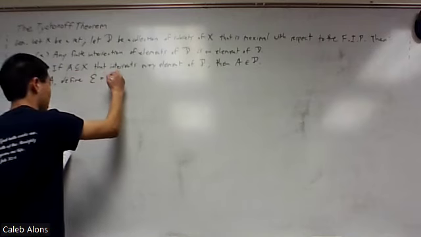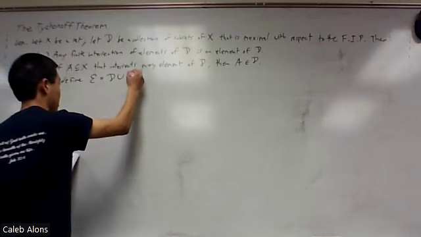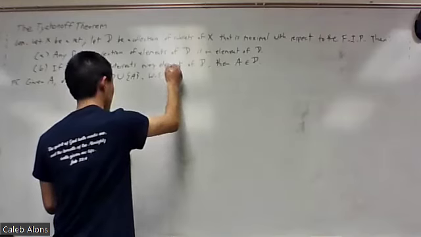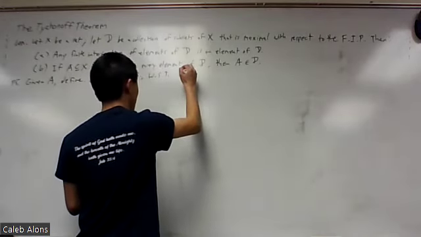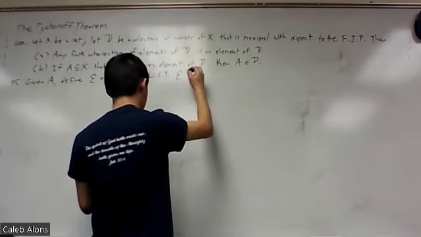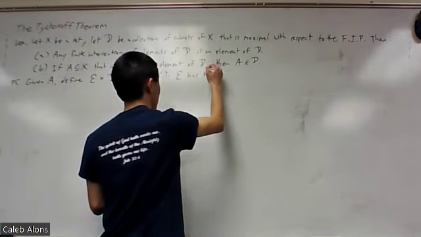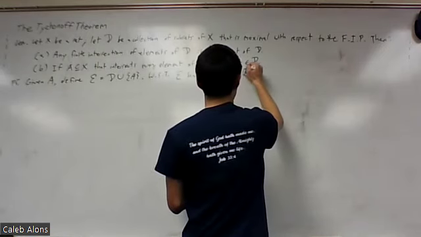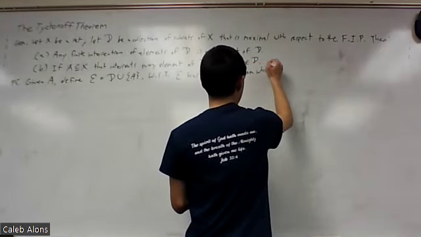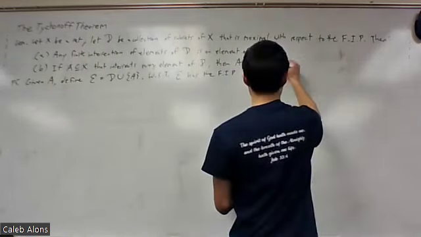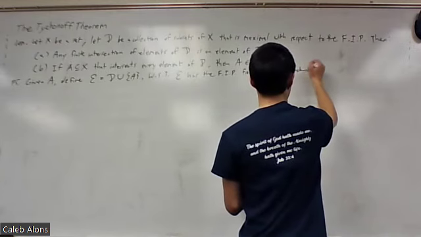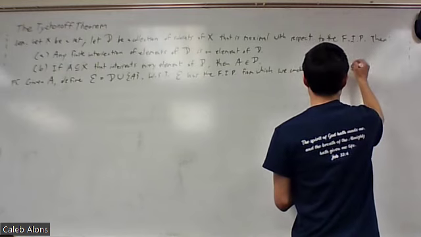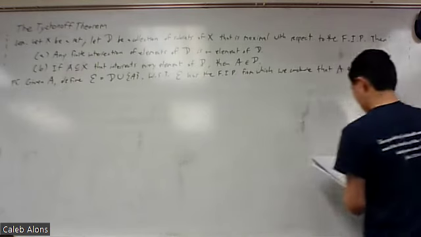This is going to be my original collection, together with this new subset tacked on. Again, we just need to show that this collection has the finite intersection property, from which we would be able to conclude that our subset is actually part of this collection.